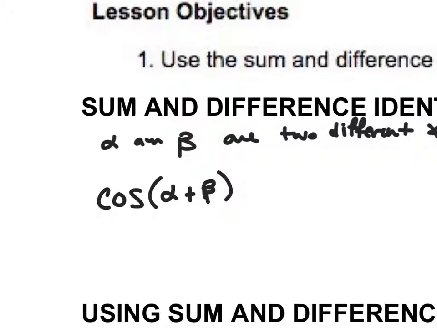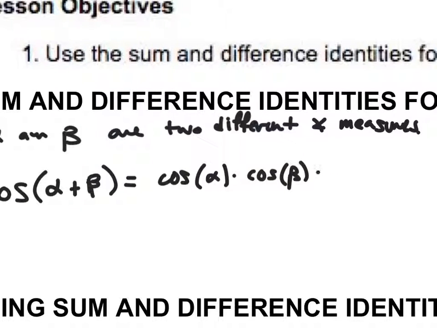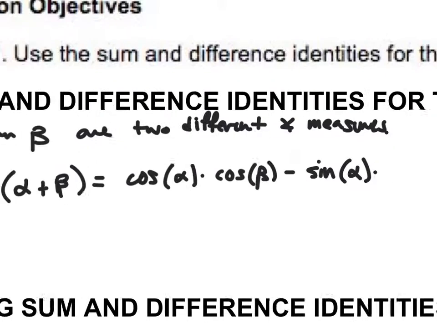Okay, and what I can do is cosine of alpha times cosine of beta minus sine of alpha times sine of beta.